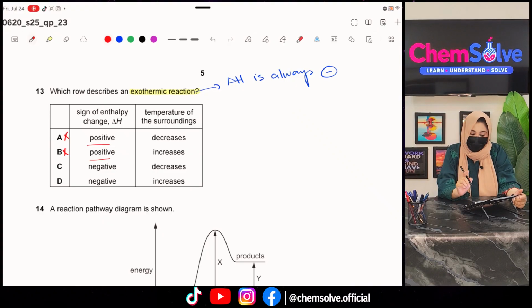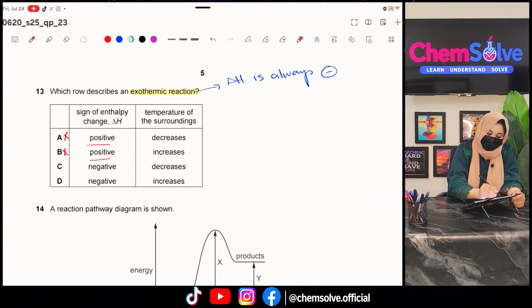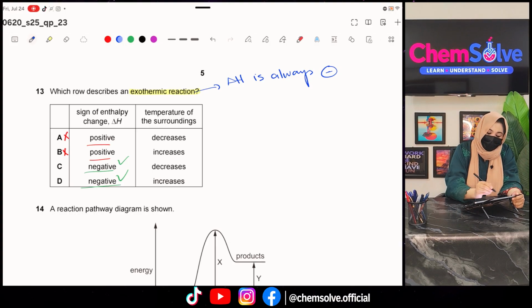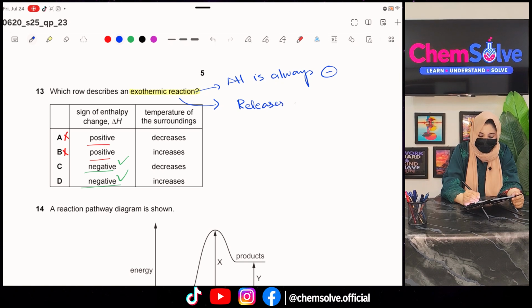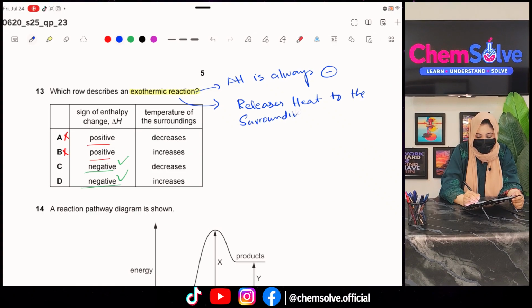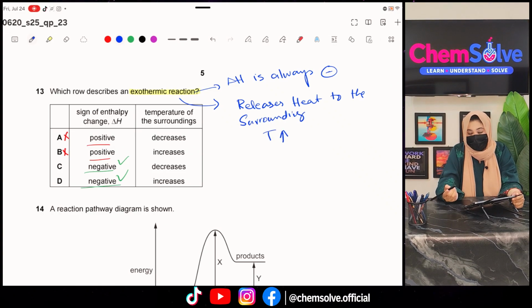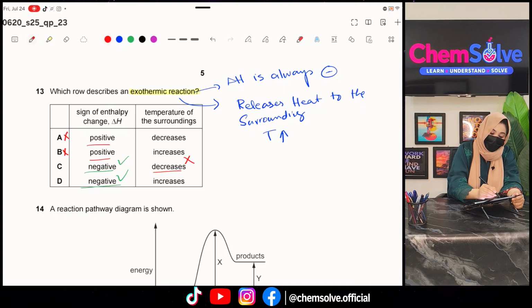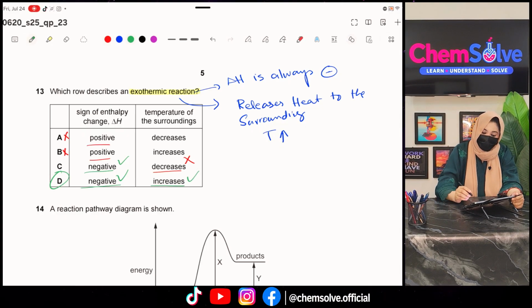We have to choose between C or D. Okay, this is correct. Temperature of the surroundings: exothermic reactions release heat to the surroundings. So the temperature would increase, of course. So the one which says that temperature decreases is not our option. We have to choose temperature would increase. So that's why D is the correct option.